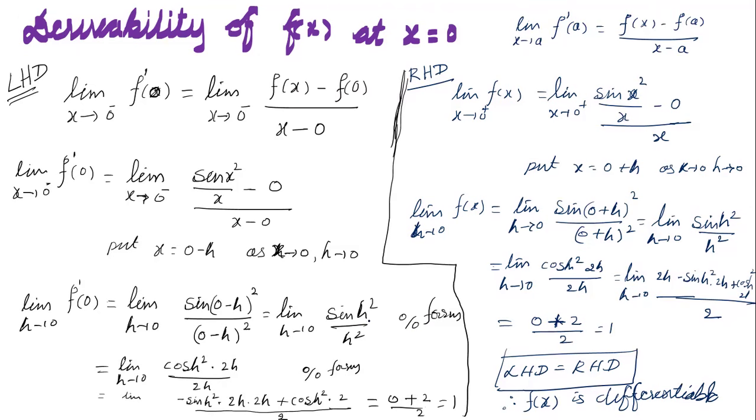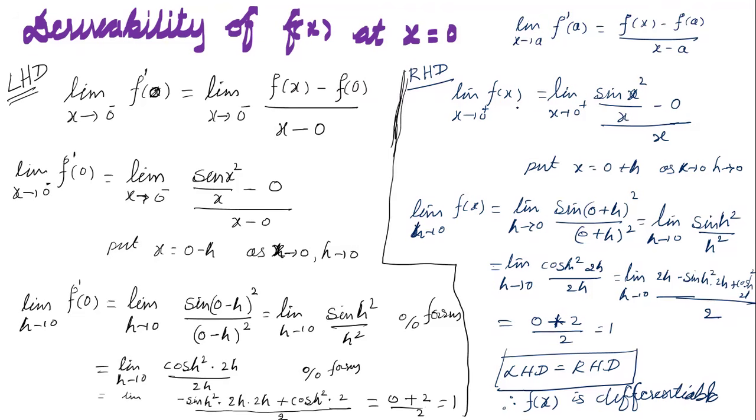Again, if we differentiate this function, we get minus sin h square into 2h into 2h, with 2h as it is, plus cos h square, differentiate 2h, we get 2, divided by 2. If you apply the limit, we get 0 plus 2 by 2. That means LHD is equal to 1.